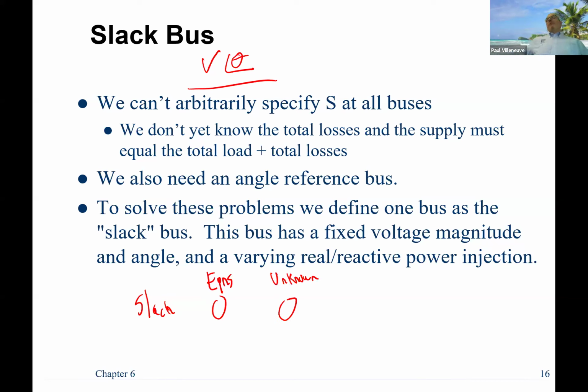We've specified the voltage magnitude and angle, so why do we need to write any equations? We don't need to know what those are, because we know what the voltages are. We've already specified them. So a slack bus has no equations and no unknowns. You know the magnitude and the angle. So you don't actually have to do any calculations at the slack bus other than the power exiting or entering the slack bus.